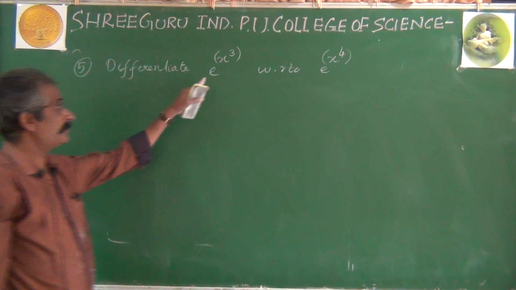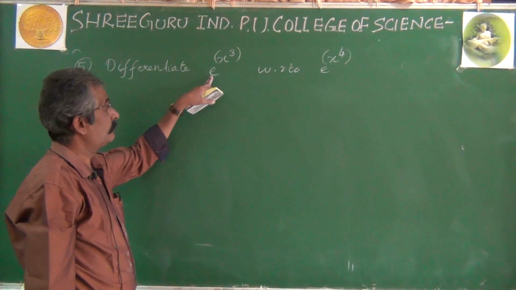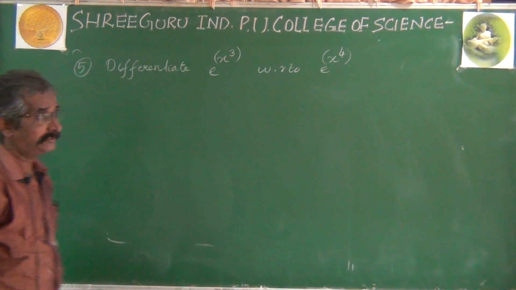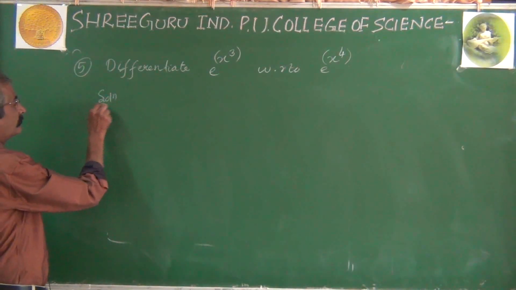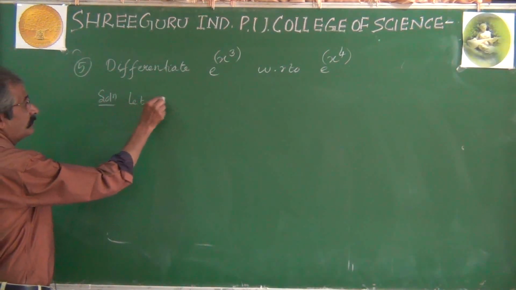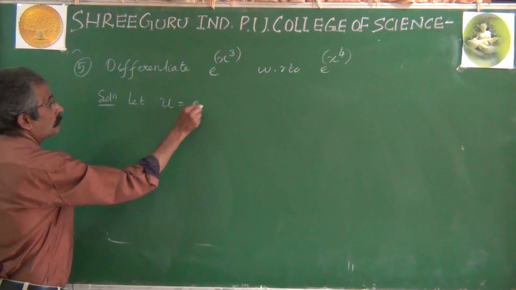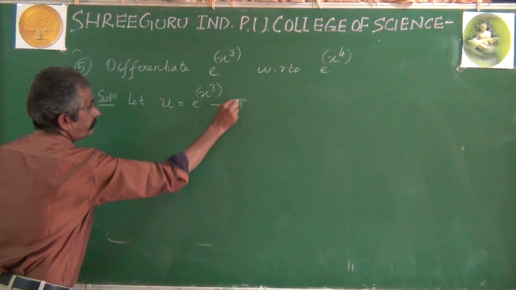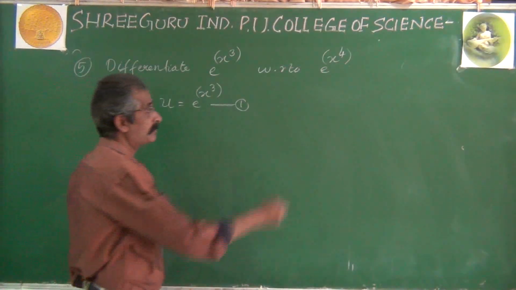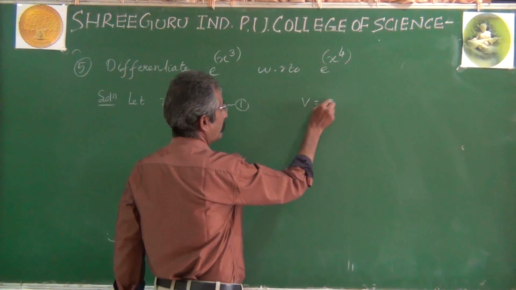Take u function as e power x cube, v function as e power x power 4. Solution. Let u equal to e power x cube, call it 1. v equals e power x power 4, call it 2.